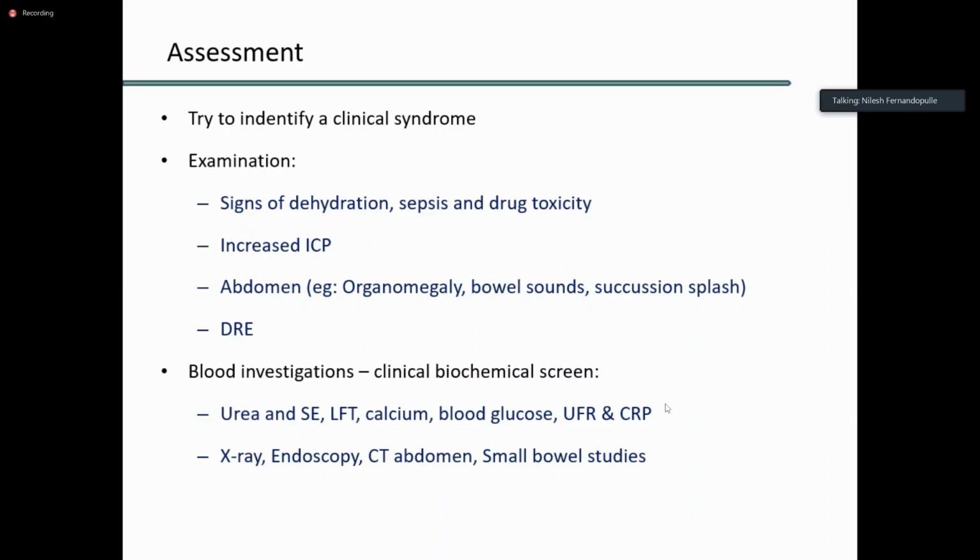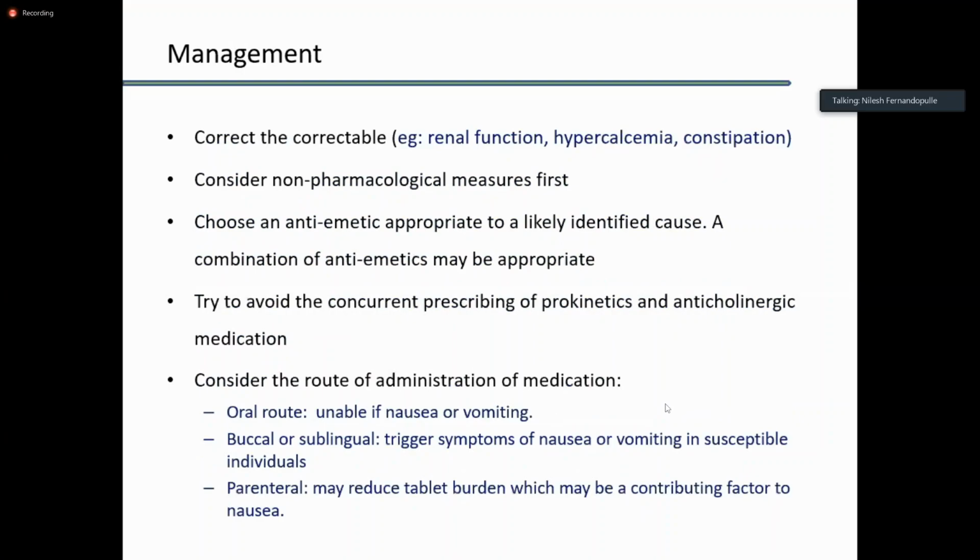These are basically if you're thinking there's some sort of obstruction causing the patient's symptoms. So a few basic investigations, and then you go for the next line, the higher-end investigations.